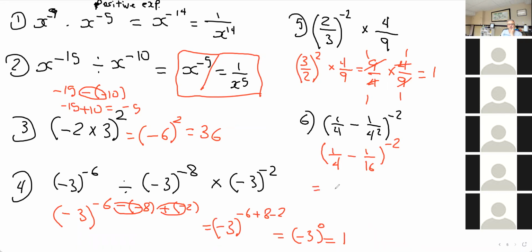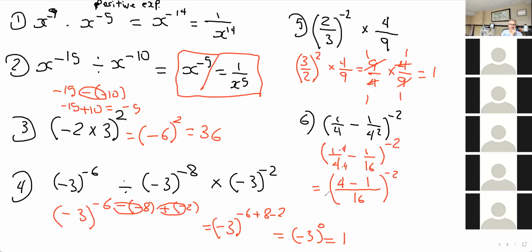The common denominator here is 16. 16 divided by 4 is 4, times 1 is 4. Minus 16 divided by 16 is 1, times 1 is 1, to the power of -2. If you like, you can multiply this by 4 and this by 4.